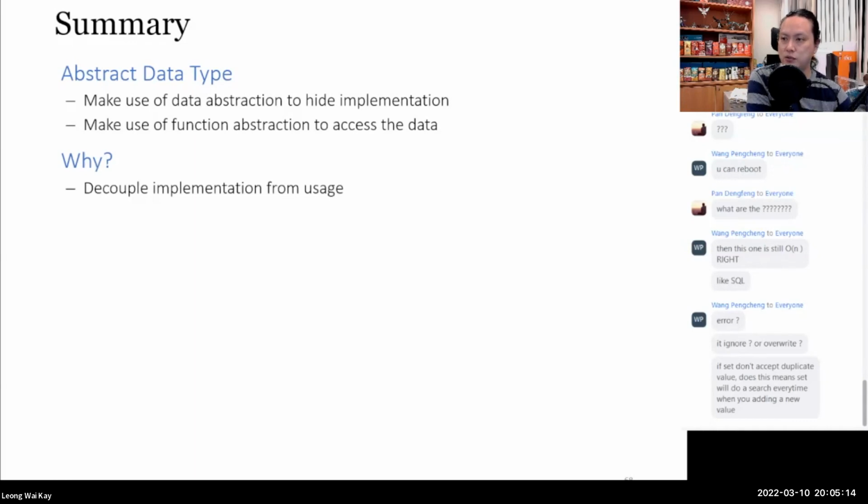Why decouple from usage? Because as you can see, it provides more efficient functionality. Okay, rather than using a vector where you do linear search. Okay, we can hide complex operations behind the accessor function.